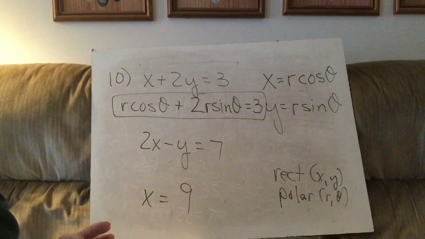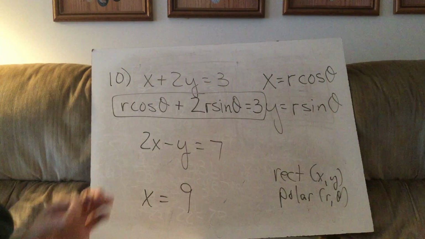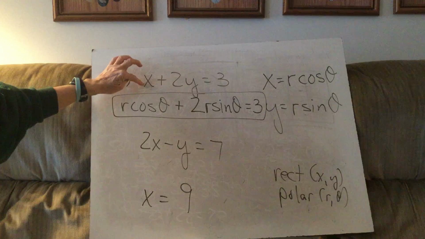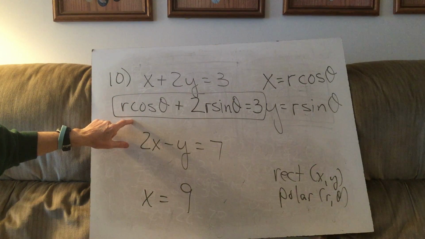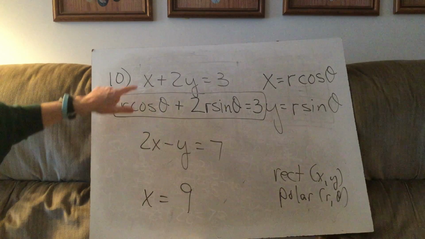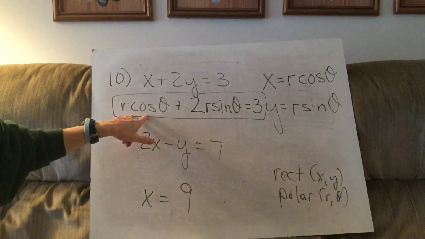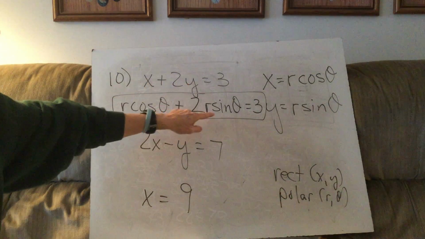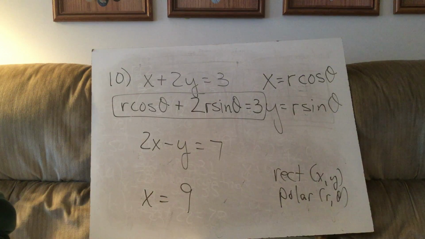But that isn't our objective. Right now, your sole goal is to take a rectangular equation and replace it with the equivalent polar equation. And to do that, we simply take out the x and replace it with r cosine theta, take out the y, replace it with r sine theta, and that's it. That's the end of the story.